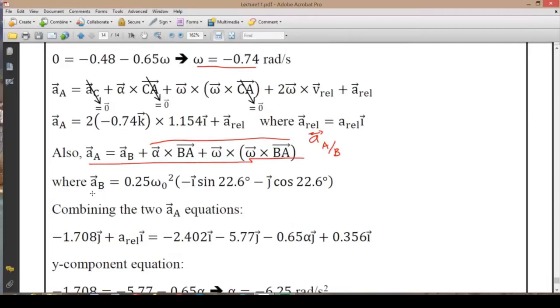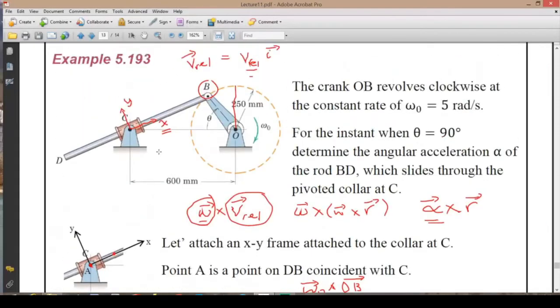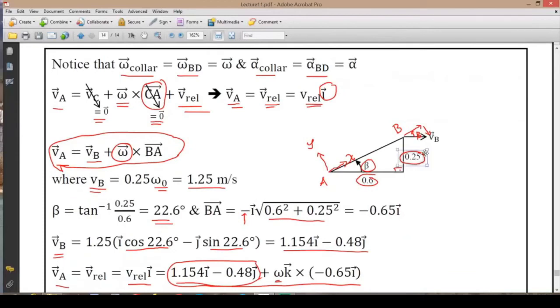And then AB, the acceleration that this B point has, is due to the constant angular velocity rotation, and the acceleration of that will be towards the center, towards point O. Let me just raise these parts to see that clearly. This acceleration of B will be towards the center.